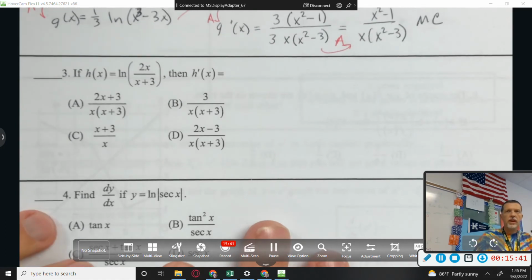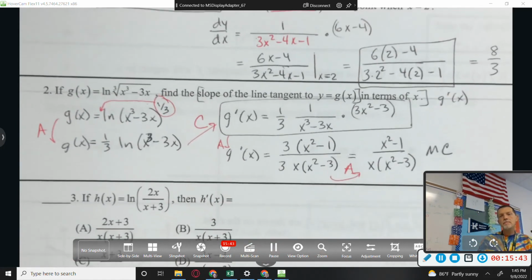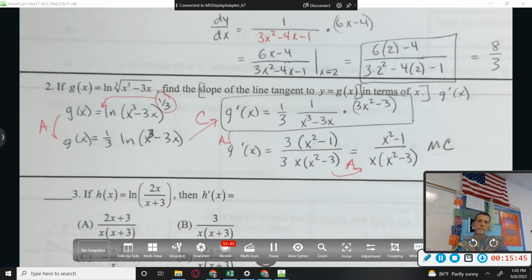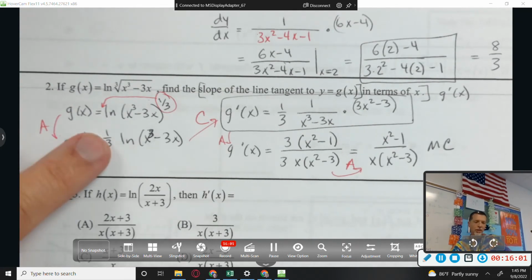Number 3. Yes, David. Whenever we, like in the first step, when you make the 1/3 in front, how come, for the power rule, it's not 1/3 minus 1? So why didn't you write that? Because I'm avoiding using the power rule by putting the 1/3 in front.